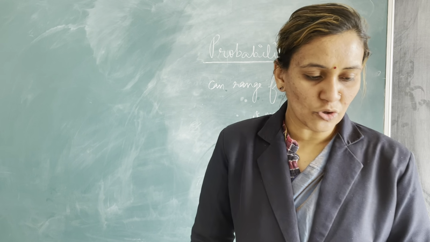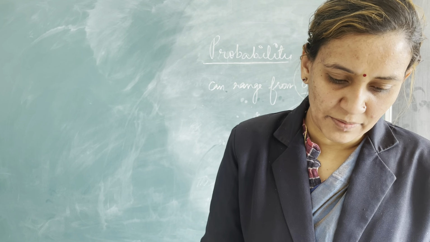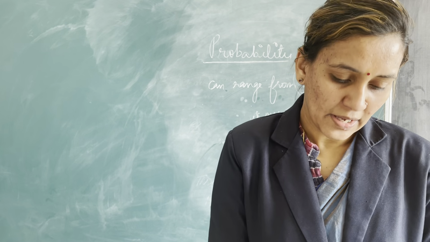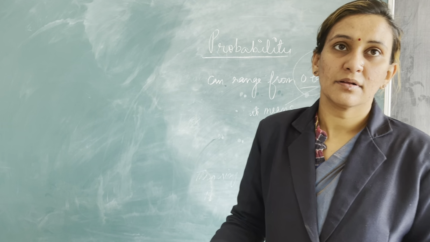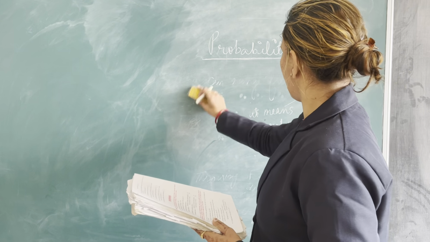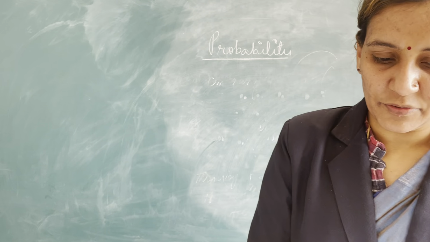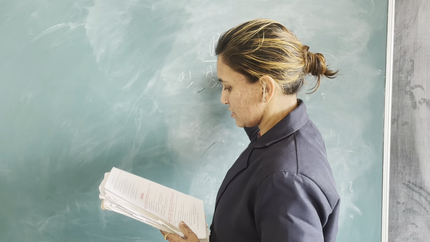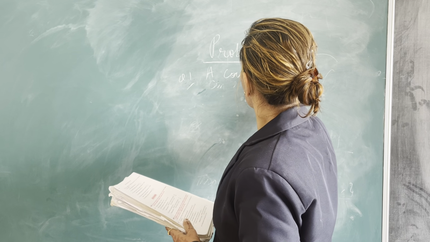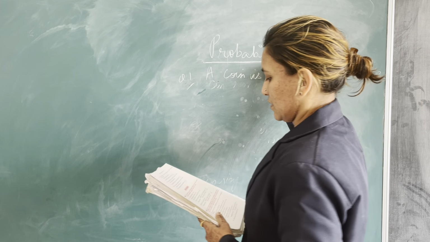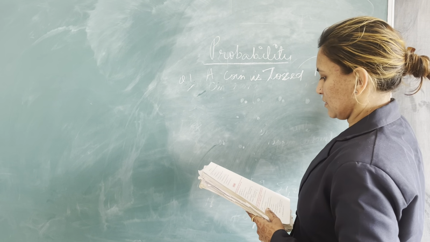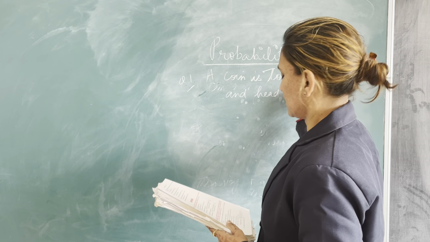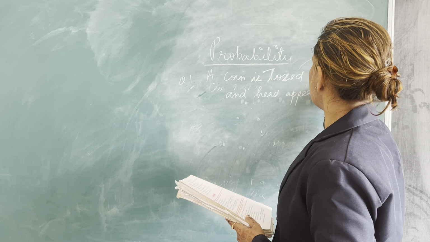So I think the topic is clear to everyone. Let us take one last example so that you can remember, and after that we are going to end this video. First, for example, a coin is tossed 150 times and head appears 83 times.